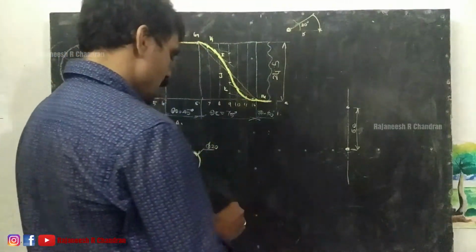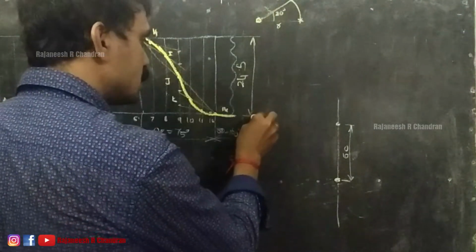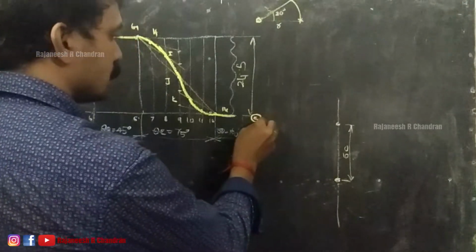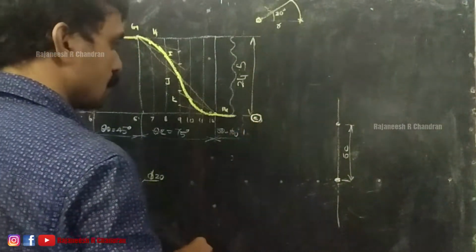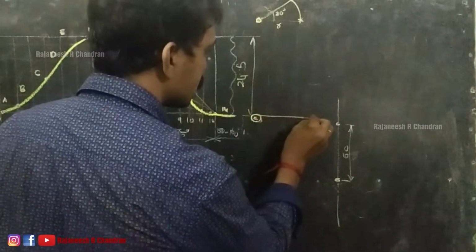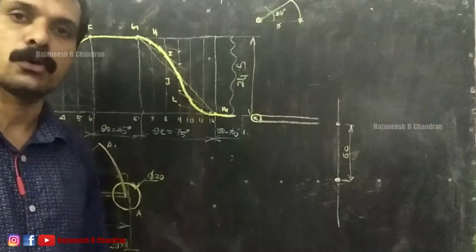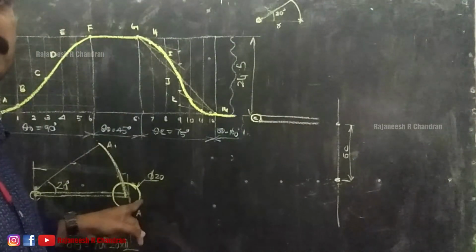So at the pivot point, we can draw the initial position of the oscillating follower. Just draw a circle like this, draw a line like this. It is given that it is a roller follower and the diameter of the roller is 20, or the radius is 10.